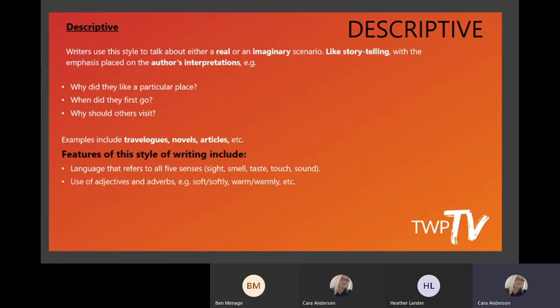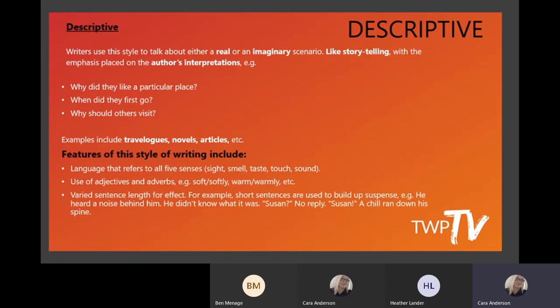If there's lots of adjectives and adverbs, like soft, softly, warm, warmly, then again, that is describing something. And they could have varied sentence length, for example short sentences to build up suspense, like you would read in a book.